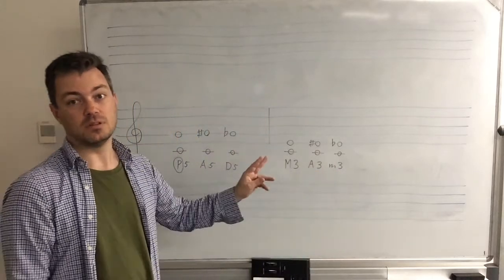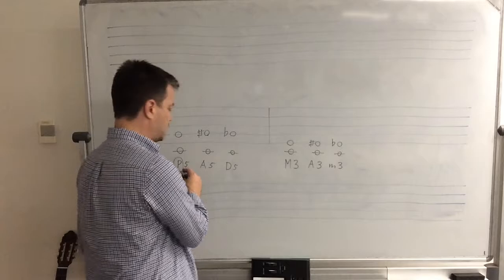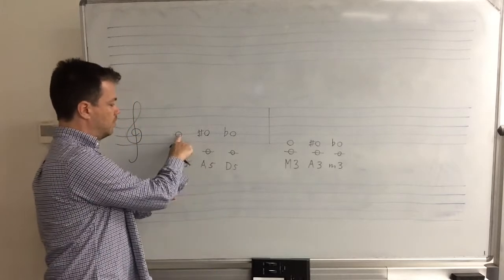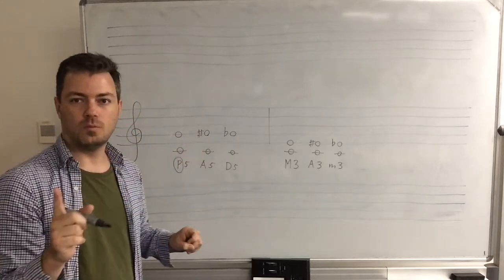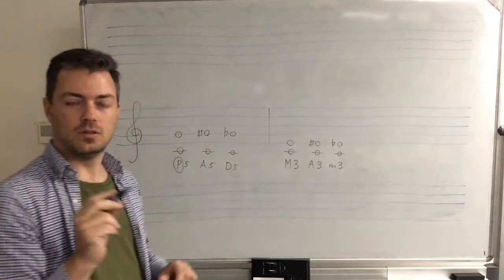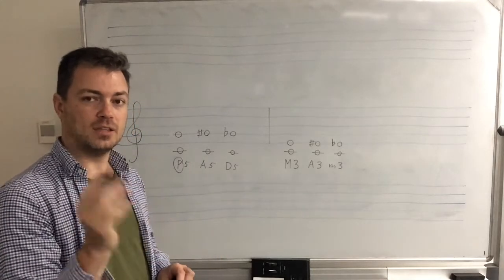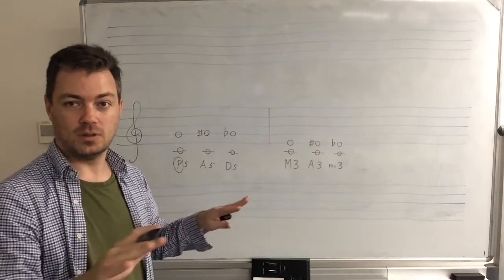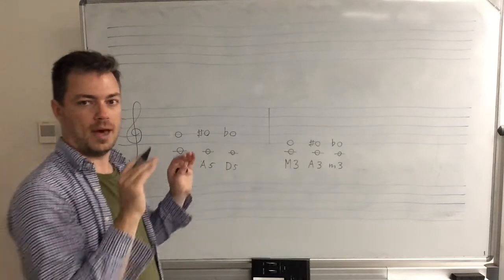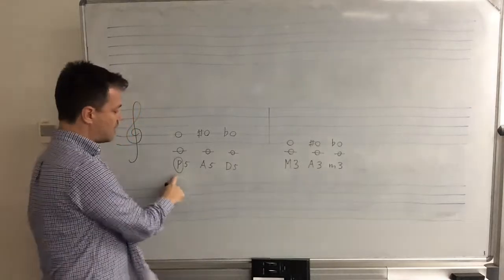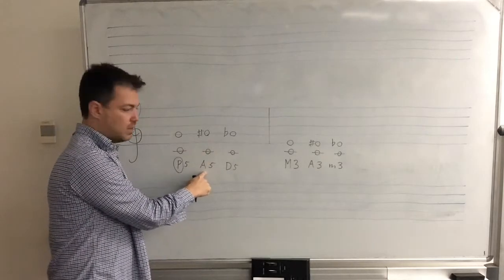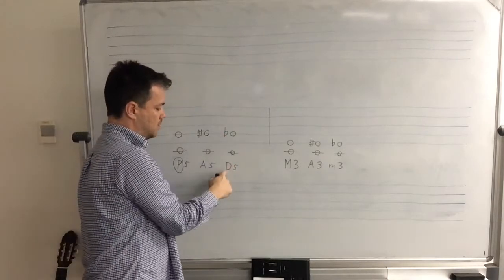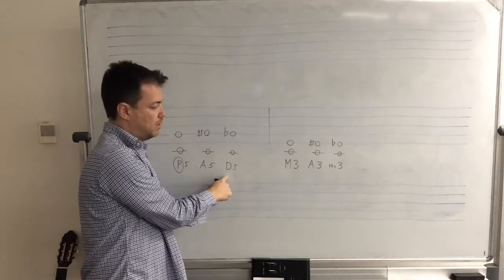So there's the difference. With a perfect interval, when we're talking about adding a sharp or flat, it's only to the top note. The bottom note stays the same. We leave that alone. We're just talking about adding it to the top note. So we add a sharp, it becomes an augmented fifth. We add a flat, it becomes a diminished fifth.